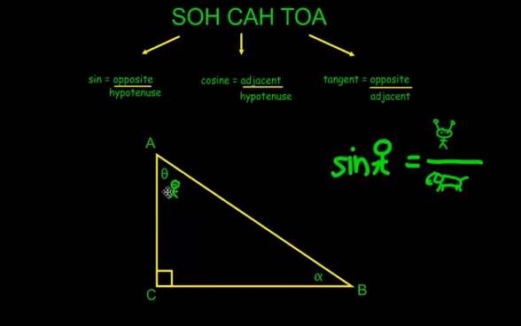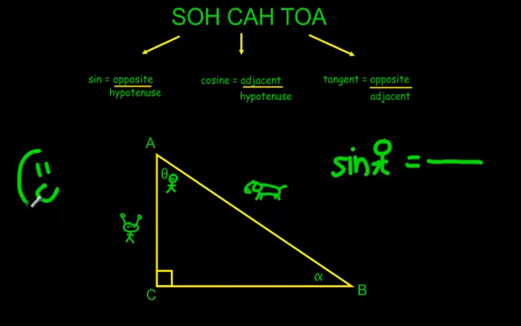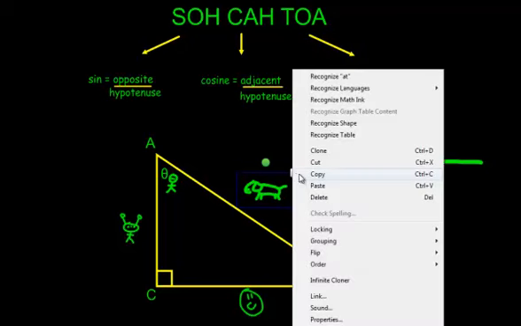If you are standing over here and they said, what is sine? Well, you'd look back up here again and you'd say, sine means opposite over hypotenuse. So opposite, in this case, I should draw another character here. I'll put a happy face. There we go. I'll shrink it down. I've got a good idea. Watch this. Where's the infinite cloner?